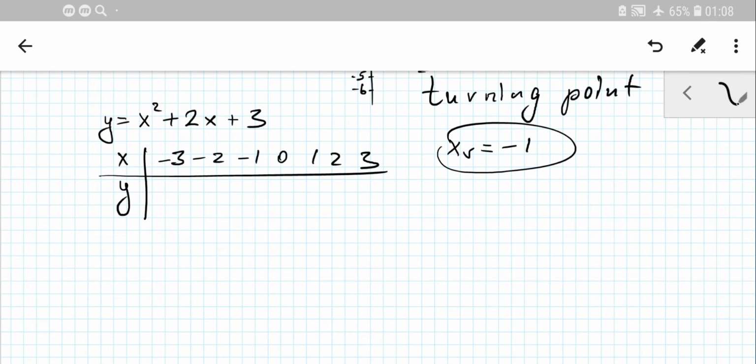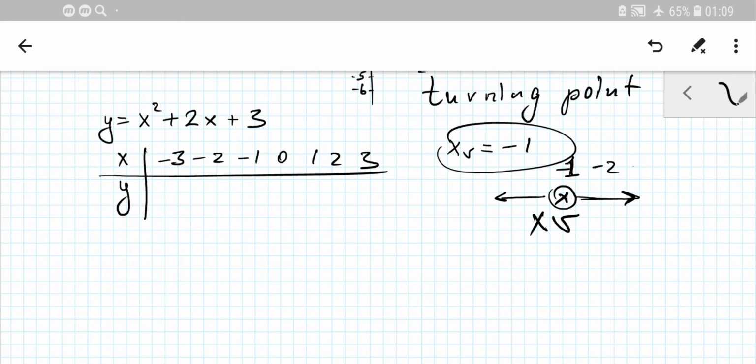Later on, you'll understand that to plot the graph, the first step is to define the vertex coordinates, the vertex point, because it's easier when you know where the vertex is, at least the x-coordinate, to go around. So you can spread around that coordinate, let's say 3 steps to the right and 3 steps to the left. Because we have -1, we can spread around -1 to the right side and to the left side.